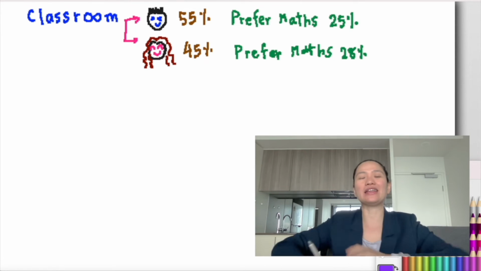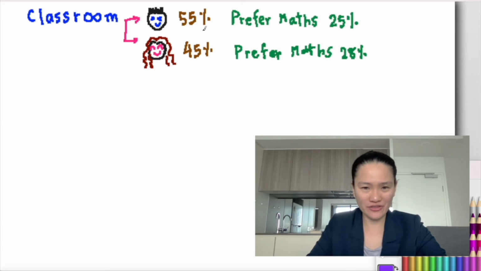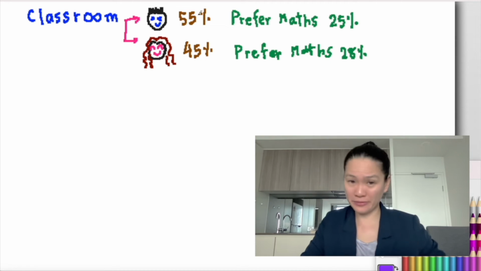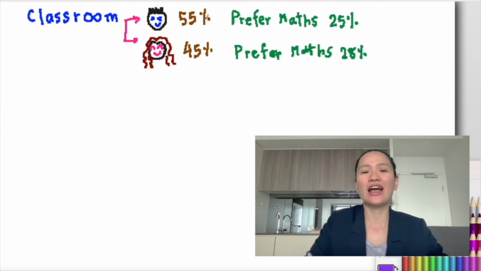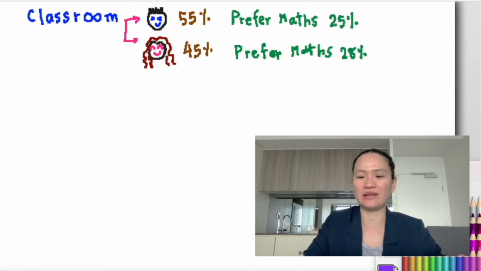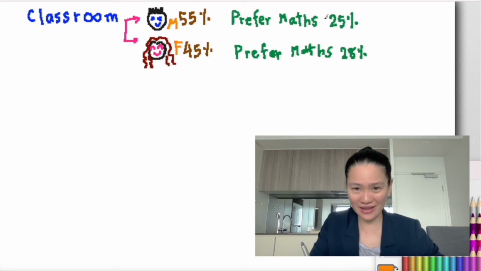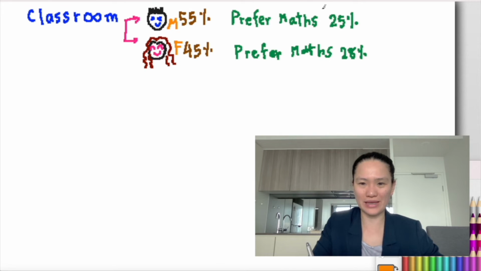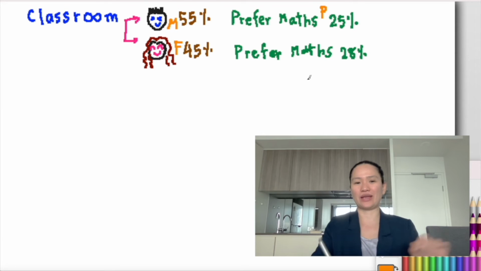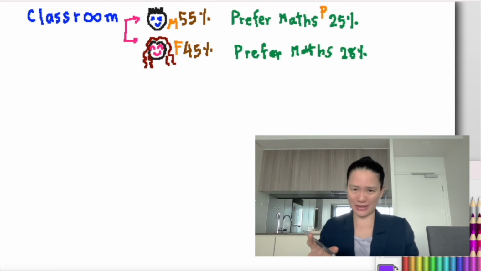From this information, you know that in one classroom, you have the boys or the male 55%. I would like to give the symbol for boy or male, I just put M. And for female, how about F? And prefer mathematics, I give the symbol P. Now we try to find probability.